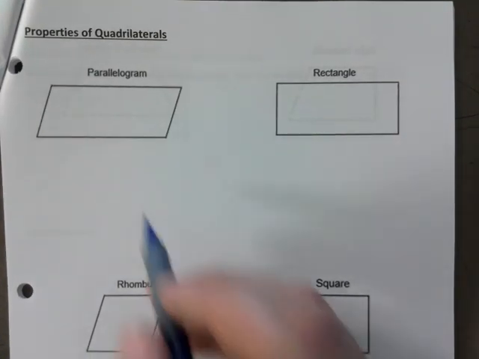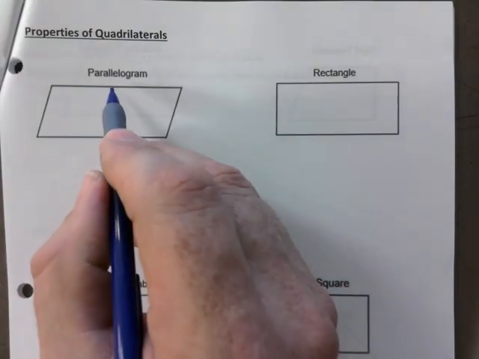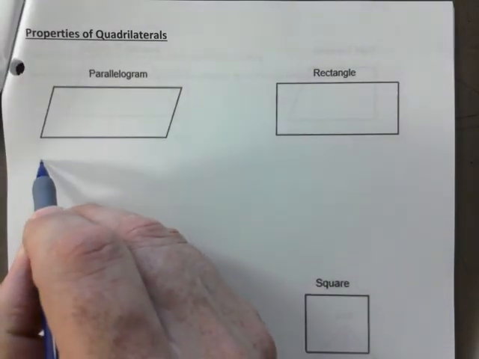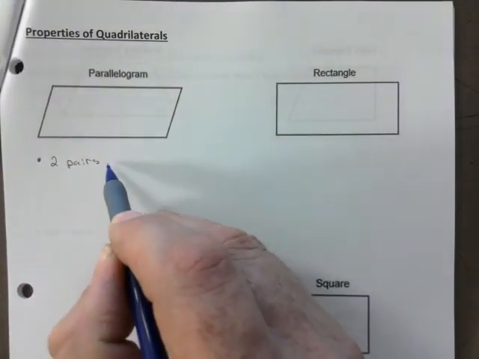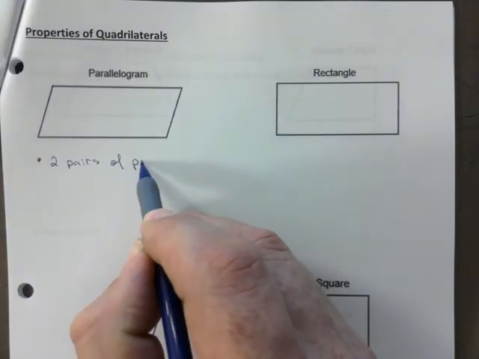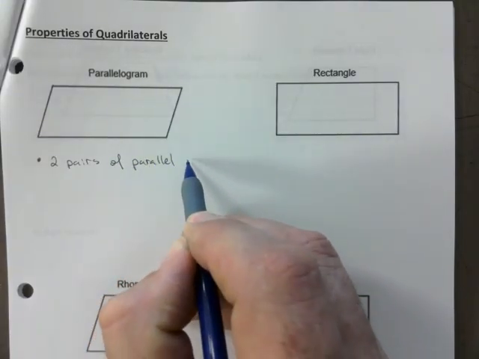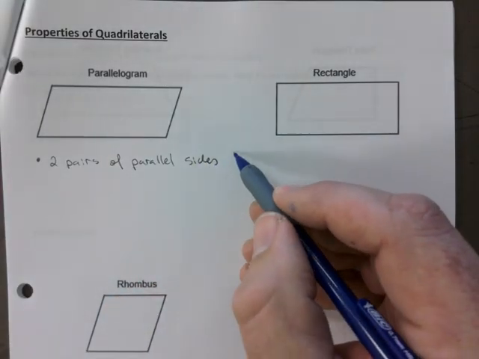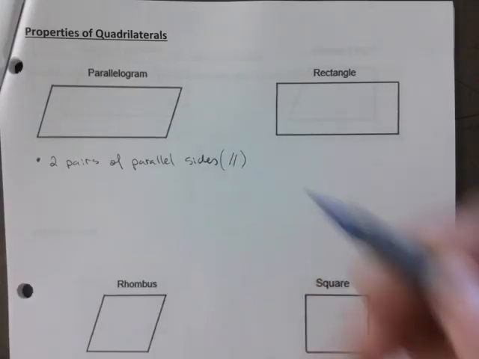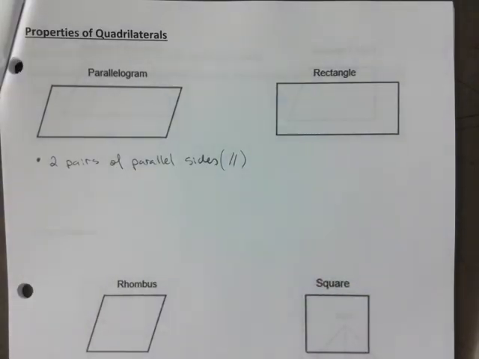You ready? A parallelogram. One thing we know about a parallelogram is it's got two pairs of parallel sides. And the symbol for parallel is just two lines in a slight slant, okay?